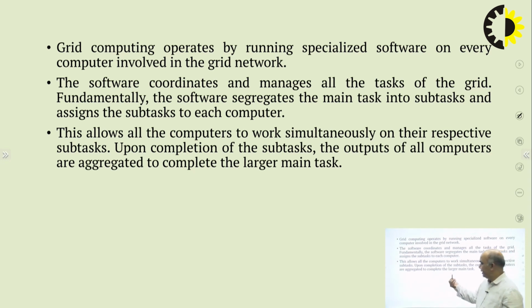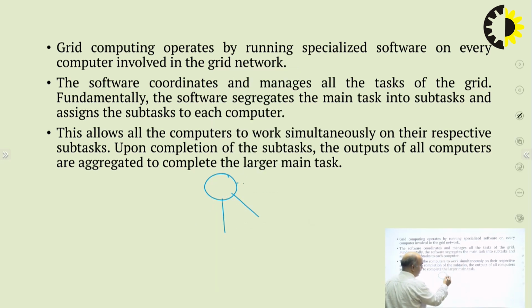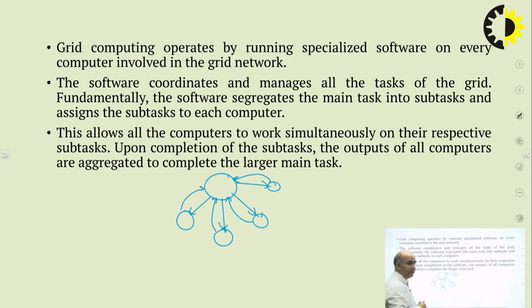So it means, let us suppose this is your main task, and now it is being run in grid computing. First it is divided into various different tasks. Here this node will execute this problem. After executing these problems, they will give the results back to the main computer, so that the output can be displayed to the users.